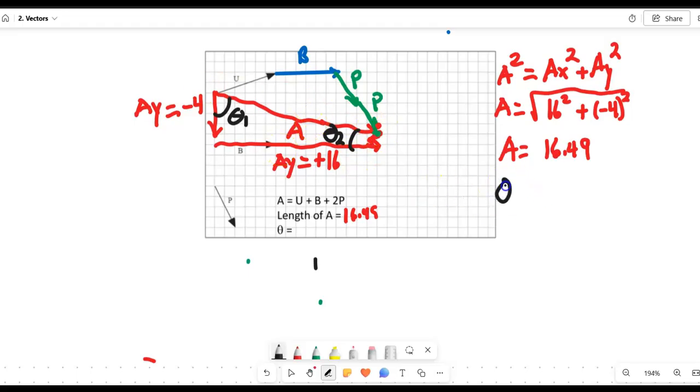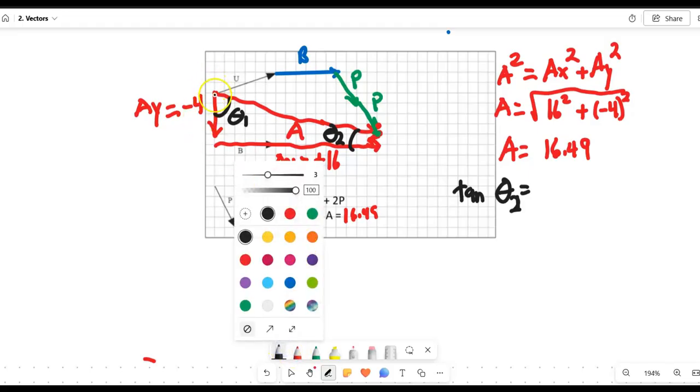So theta, let's do theta 1. Actually, let's do theta 2 because that's what you're used to. Now, the tangent of theta 2 is going to be equal to the opposite side over the adjacent side. Now, I'm just going to caution you here, we don't care about the direction. We want the size of this. So a -4 is just going to be 4.